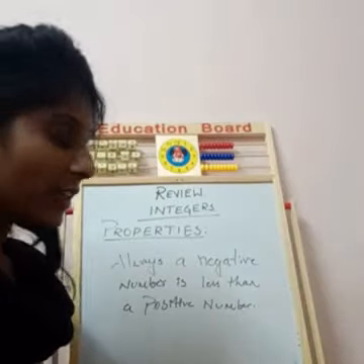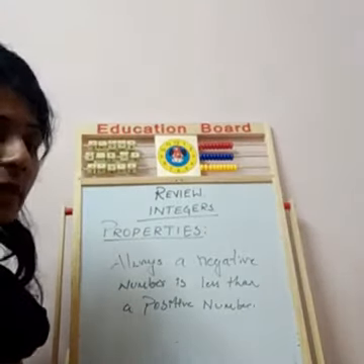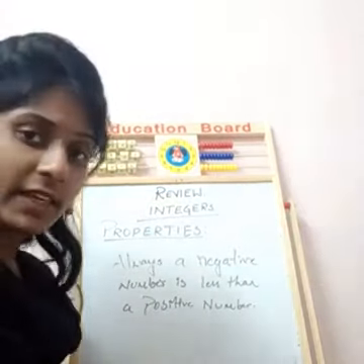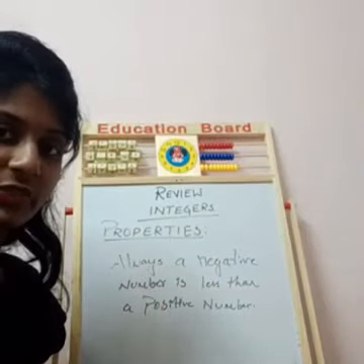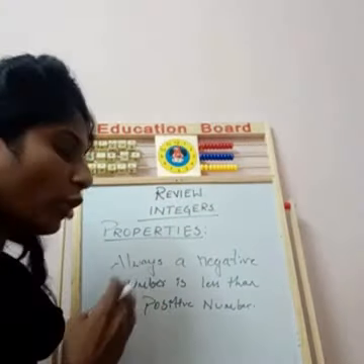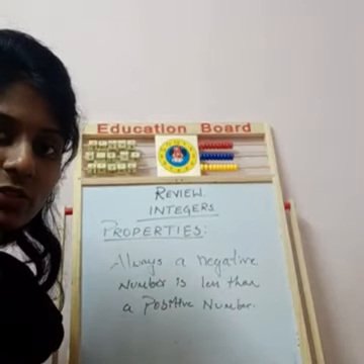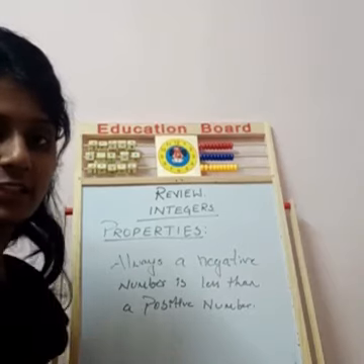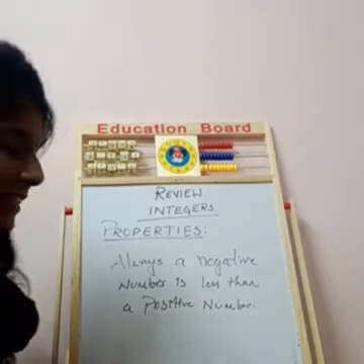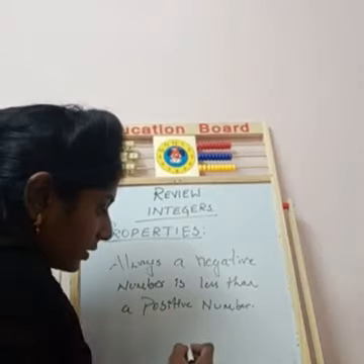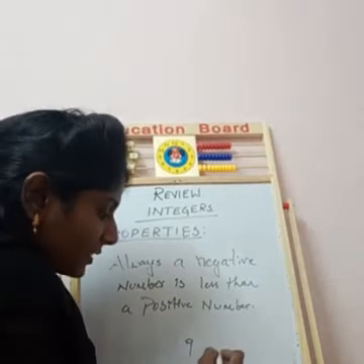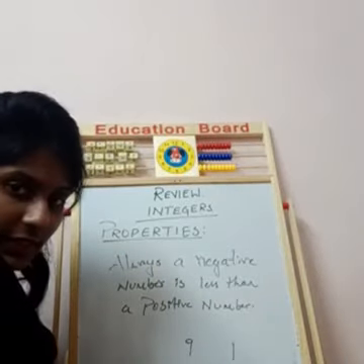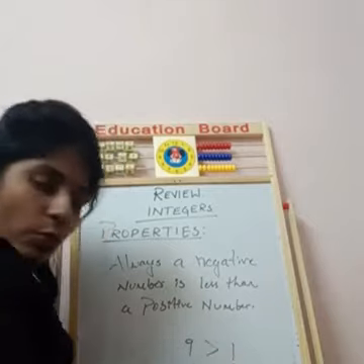Next property is: a negative number is always less than a positive number. As integers include both negative and positive numbers, if you compare a negative number with a positive number, the positive number is always bigger. Let us see an example. 9, 1. Which one is greater? Obviously, 9 is greater than 1.